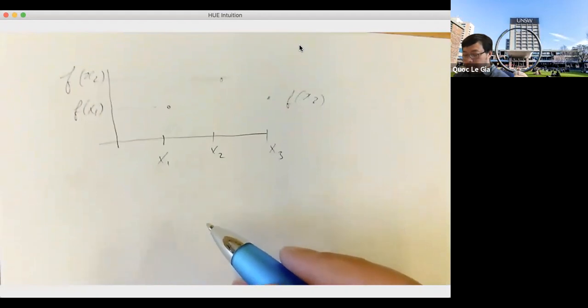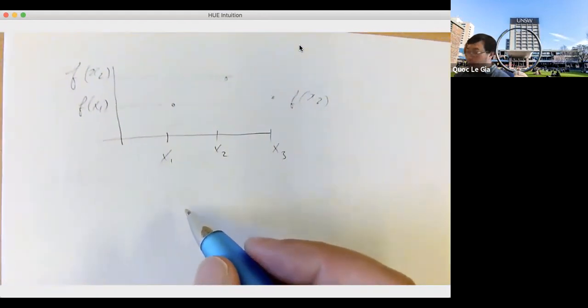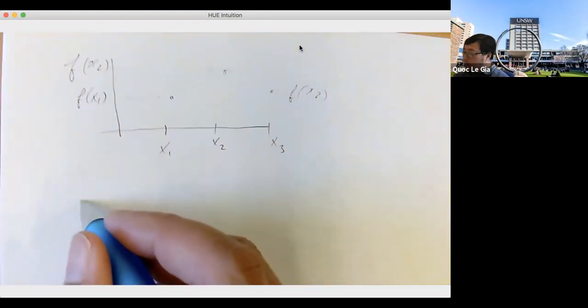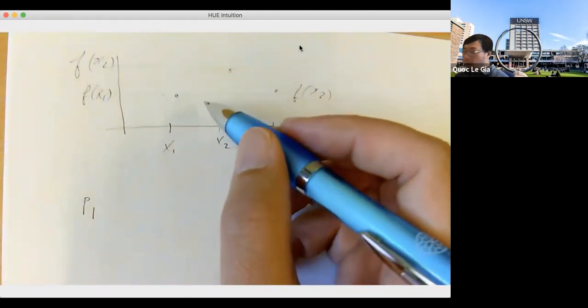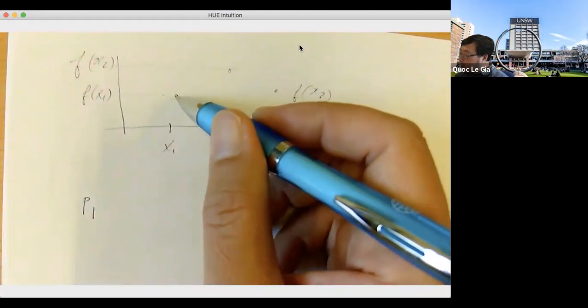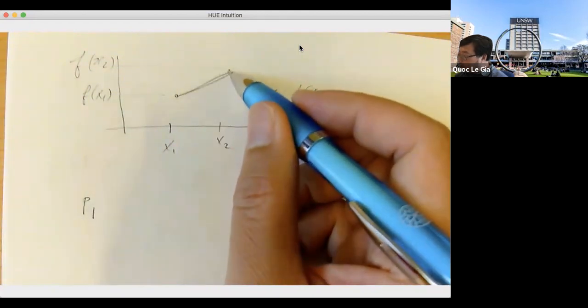If you remember, P1 is the line that goes through x1 and x2.